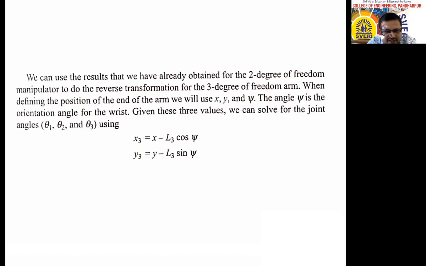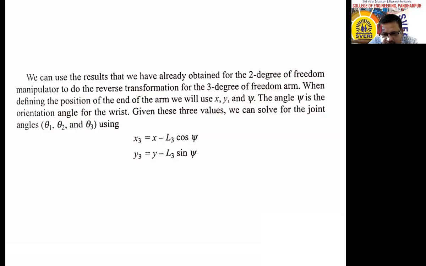We can use the results that we have already obtained for the 2 degree of freedom manipulator to do the reverse transformation for the 3 degree of freedom arm. When defining the position of the end of the arm, we will use x, y and psi. The angle psi is the orientation angle for the wrist.